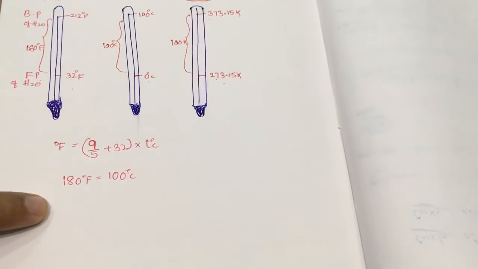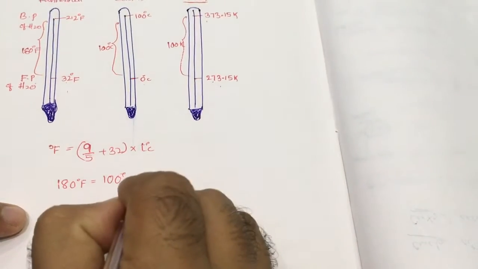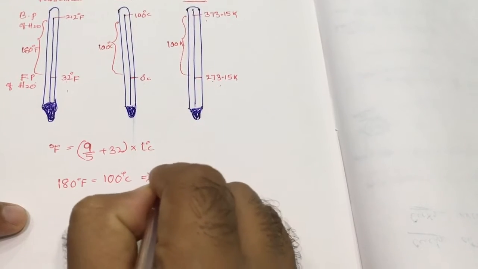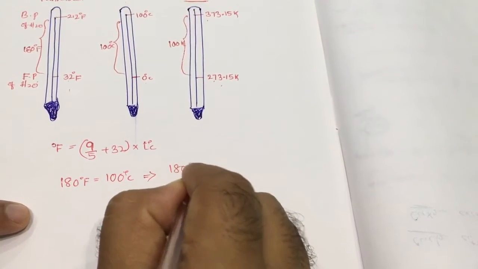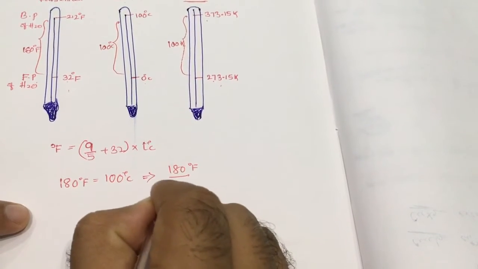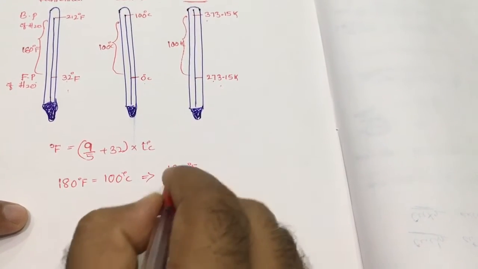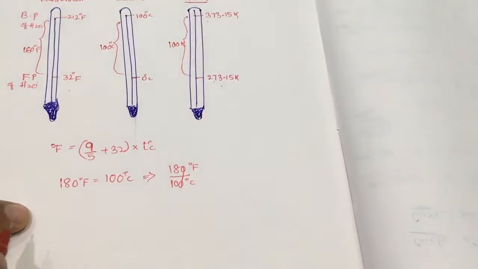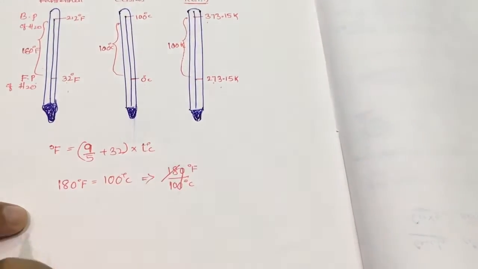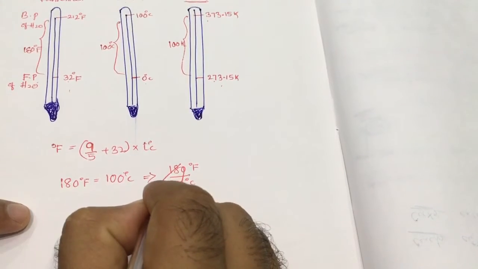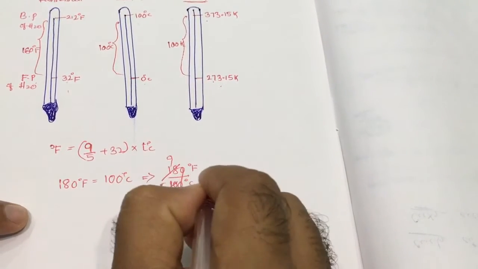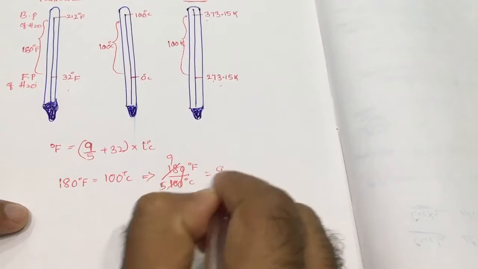This is one unit factor. You can write 180 degree Fahrenheit by 100 degree Celsius. The 0 cancels, this is 5, 2 5s, 2 9s. Then 9 by 5 is a unit factor.